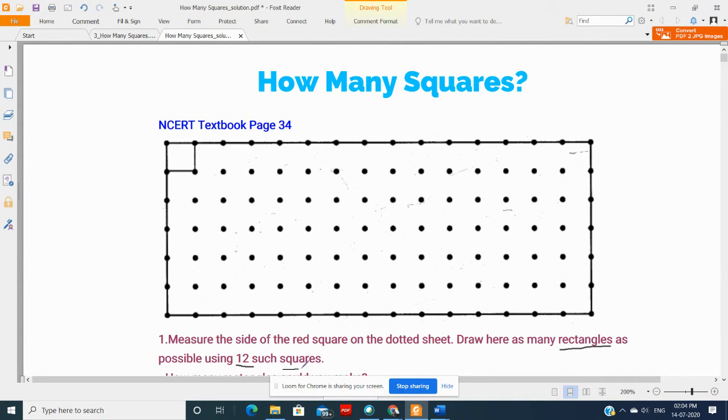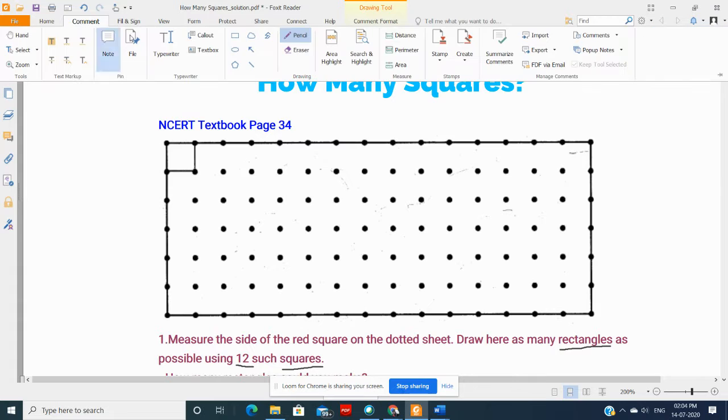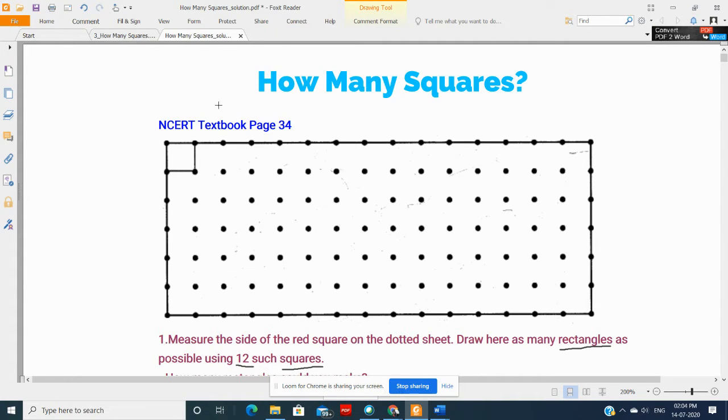So I already told you that we can create a rectangle using squares. So now let's see that. How? See, first of all, we'll see here. This one, they have already given one square, so we are not supposed to take that square.